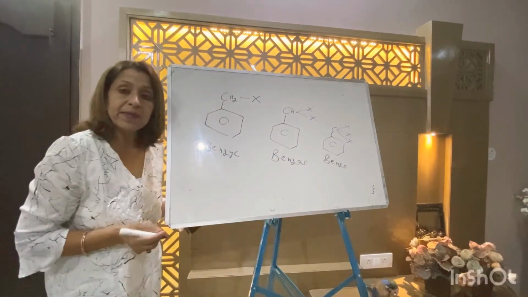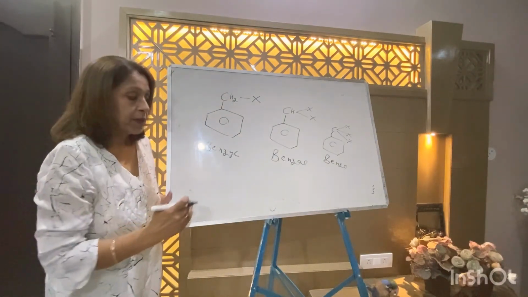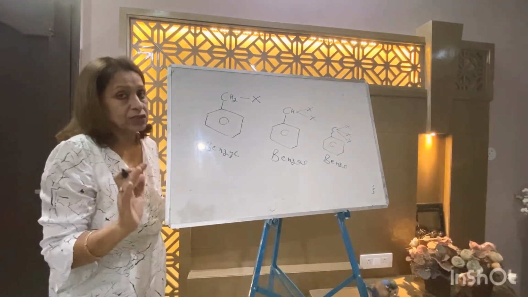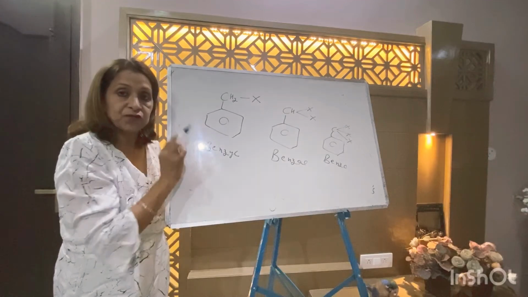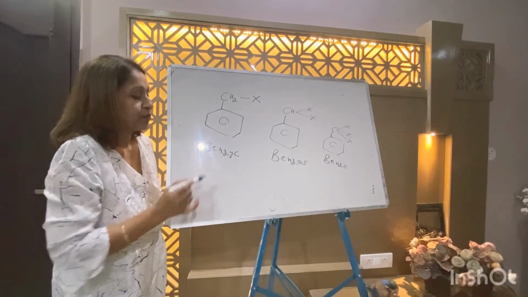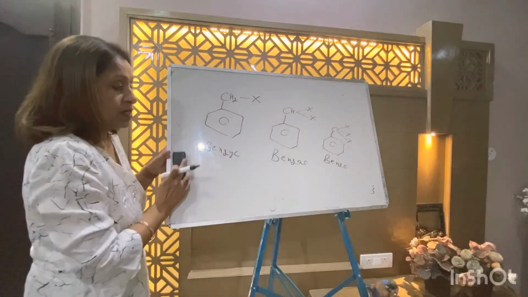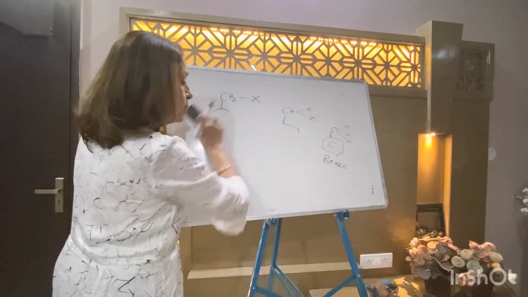So the complete family is benzyl, benzal and benzo. Very important is benzyl. C6H5CH2 is benzyl, CH is benzal, and C is a benzo compound.